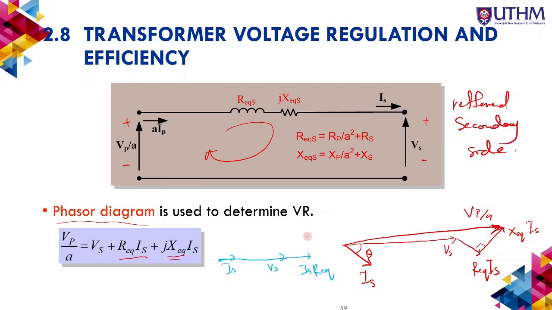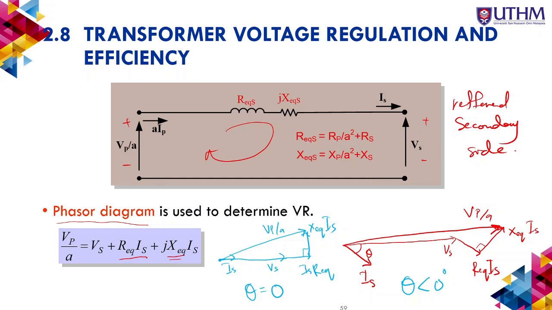Yang ini adalah dia 90 degree. So XE IS. Dan ini adalah VP over A. Ini keseluruhan dia lah bila theta equal to 0. Okay, ini bila theta less than 0, dia lagging.